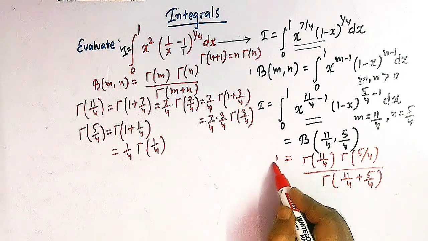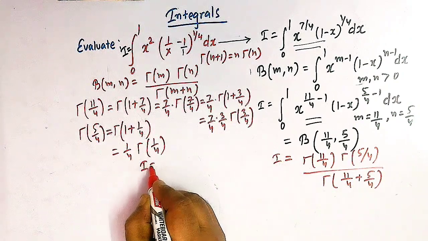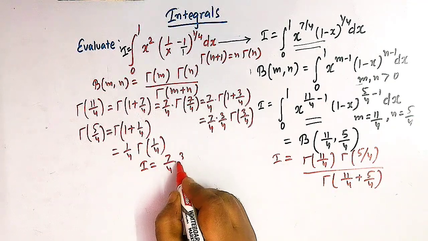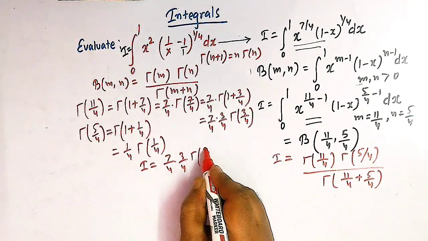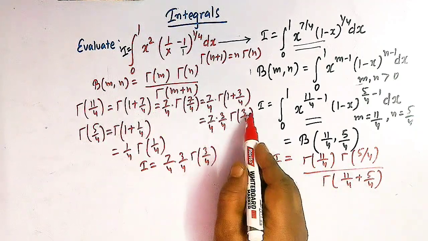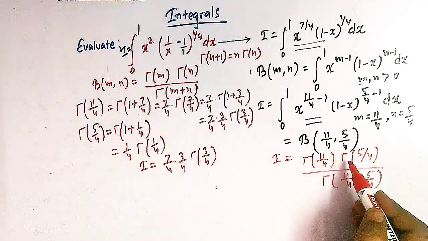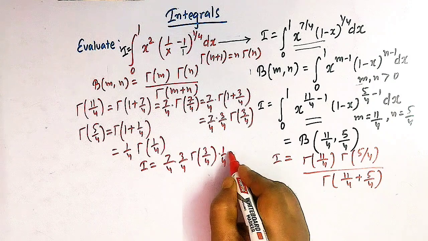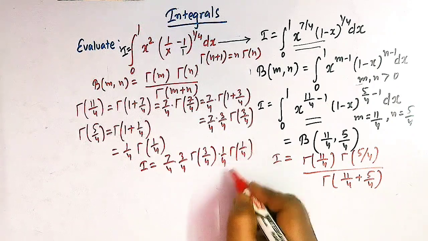So now this integral I can be written as 7 by 4, 3 by 4, gamma of 3 by 4, where gamma of 11 by 4 is substituted here. Then gamma of 5 by 4 is 1 by 4 times gamma of 1 by 4.